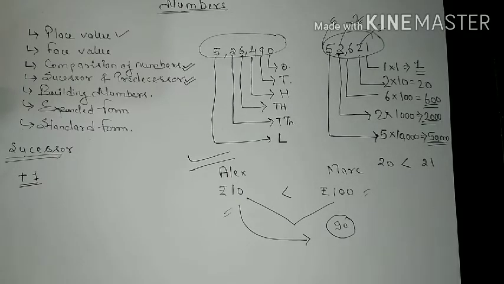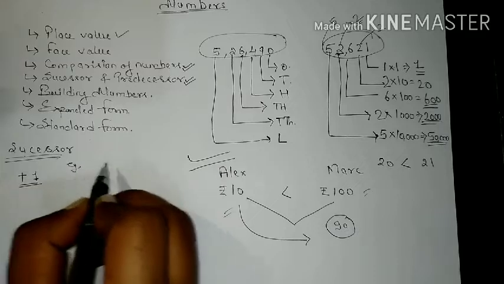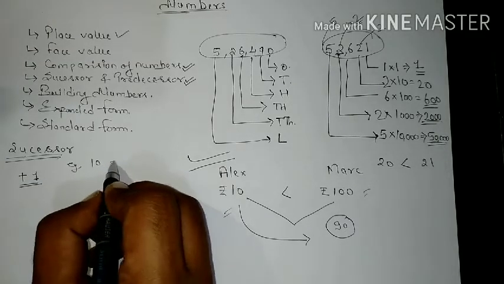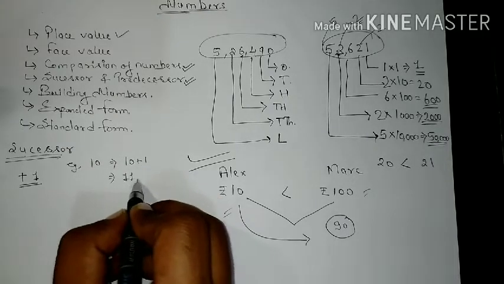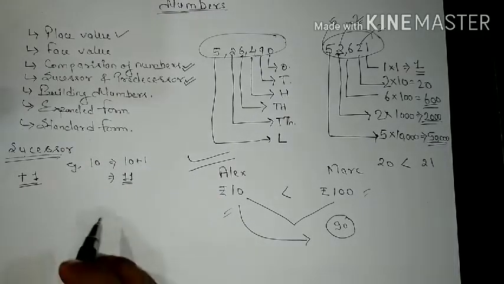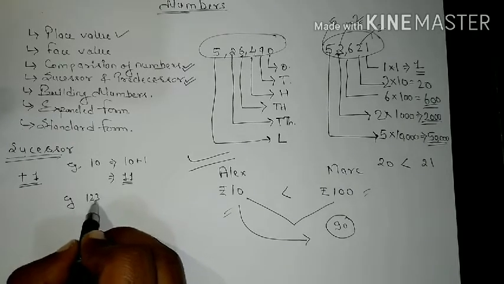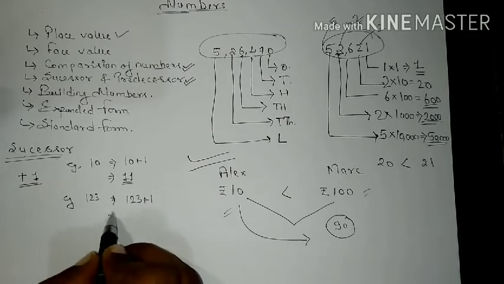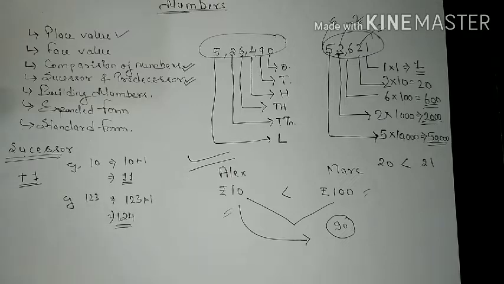So if you want to find a successor of a particular number, you just have to add 1. Example, if you have been asked to write the successor of 10, what will you do? 10 plus 1, its value will be 11. If you have been asked to write the successor of 123, what will you do? 123 plus 1, it will be 124.